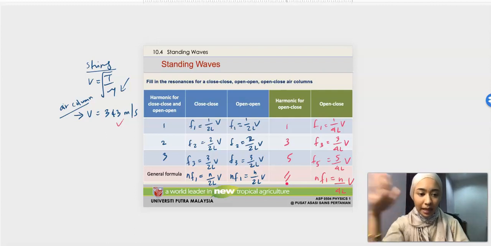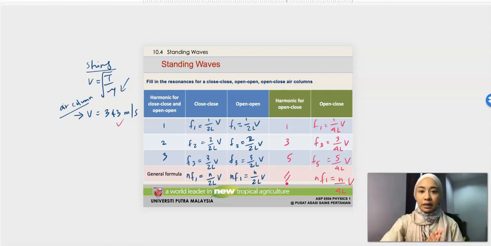So that is your standing wave in an air column. The difference: open-open has antinode at both ends, closed-closed has node at both ends, and open-closed has antinode and node. When the movement of air is fixed, you have a node. AN or NA gives you a quarter, 1 over 4 of a wavelength. So that's your summary for that part of the chapter.